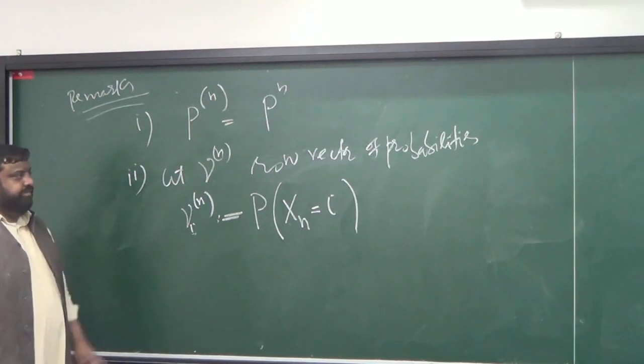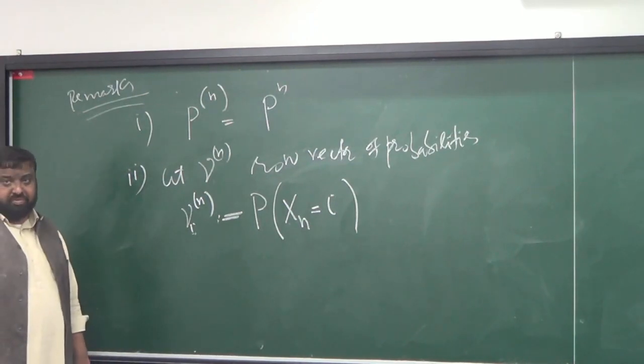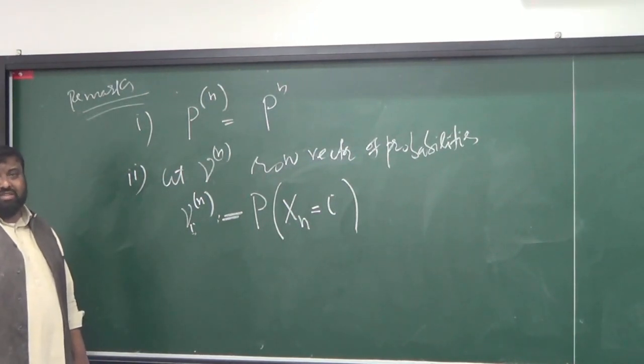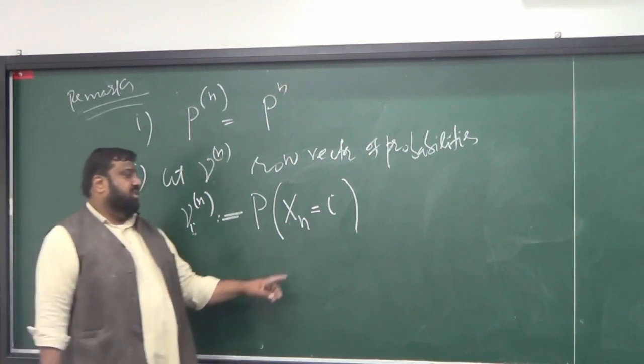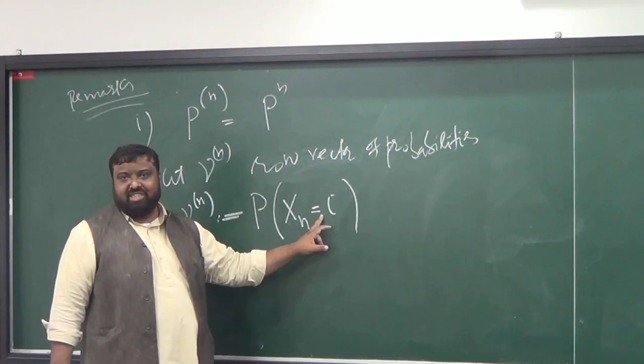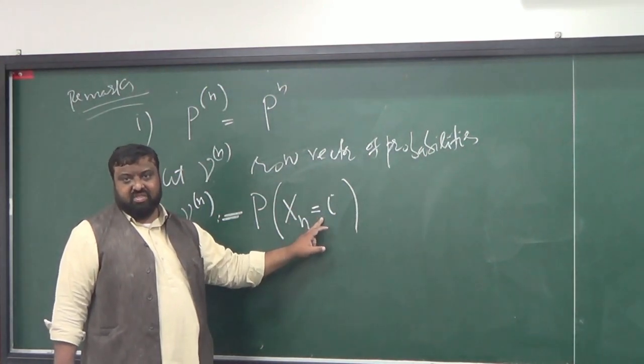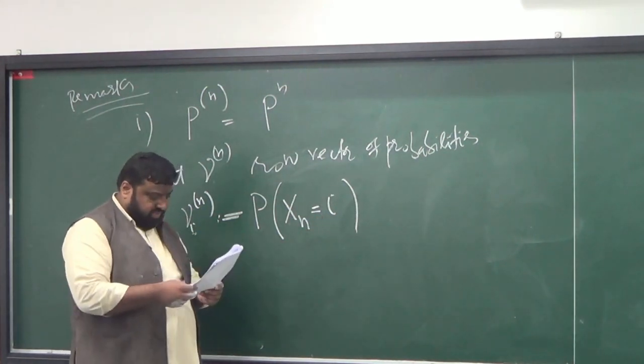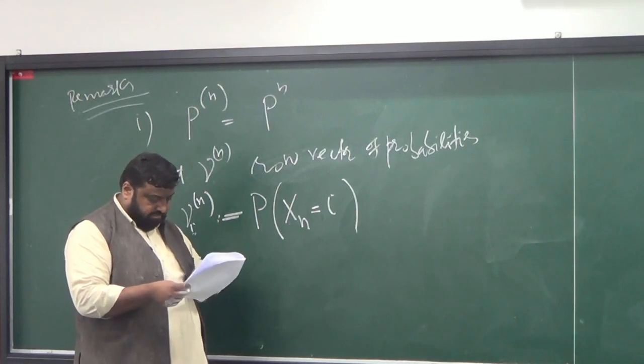Question: can I compute these probabilities? In other words, can I talk about the weather on the nth day being exactly in a given state? What should be the way of doing it?